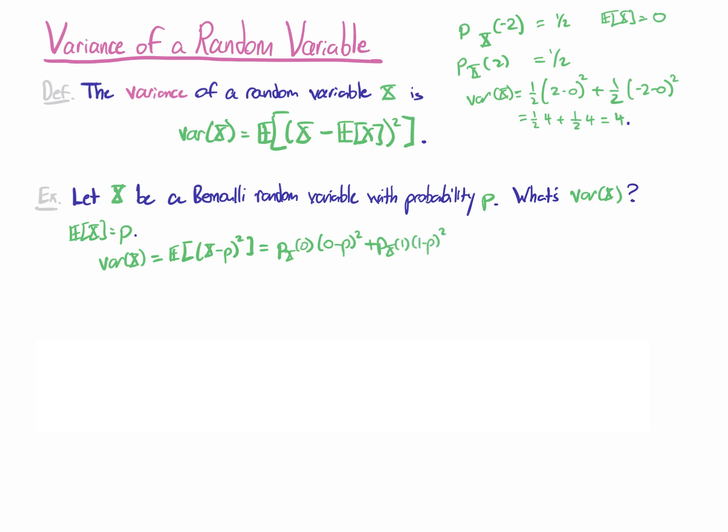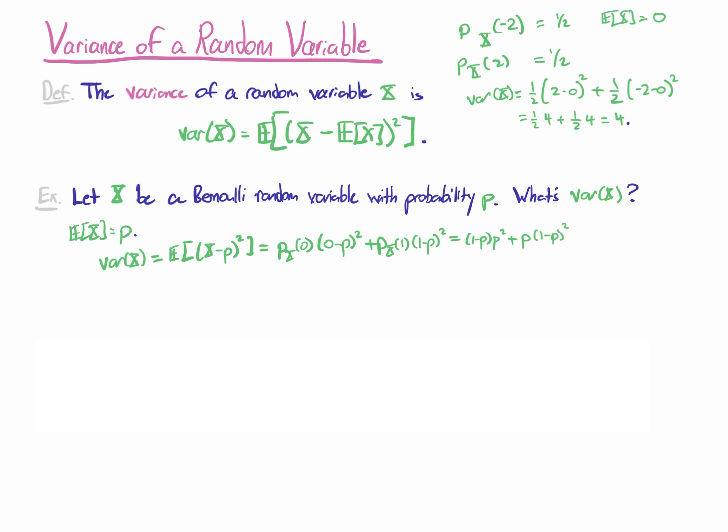This is our expectation formula. So here, the probability that X has value 0 is 1 minus p, times p squared. And then the probability that X is equal to 1 is p, times (1 minus p) squared.